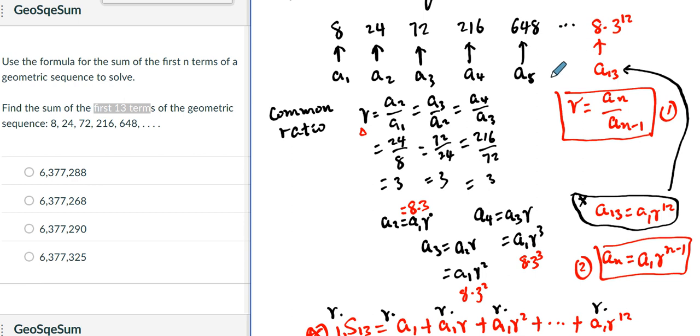And here from 6 to 12, how many terms? 12 minus 5. So you have 7 terms you got to write out. And then add. It sounds like it's not an easy job, okay? But we'll find an easy formula for that. That would be the task of this video clip.